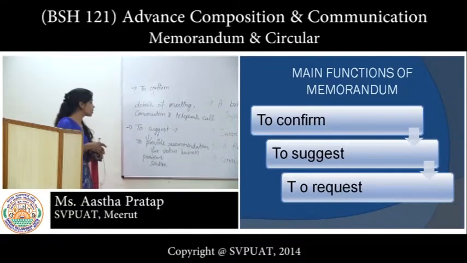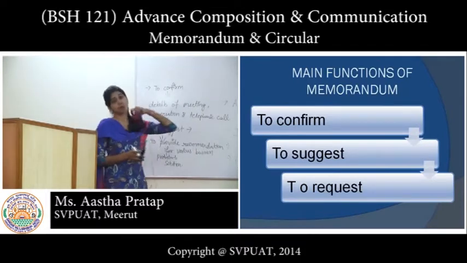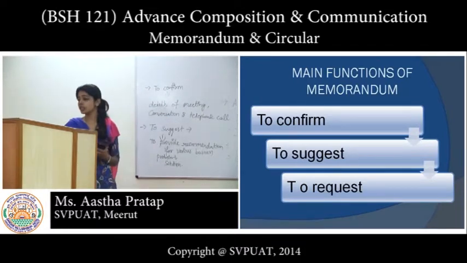So the second function is to suggest. It provides recommendations for business problems, or it provides a solution.